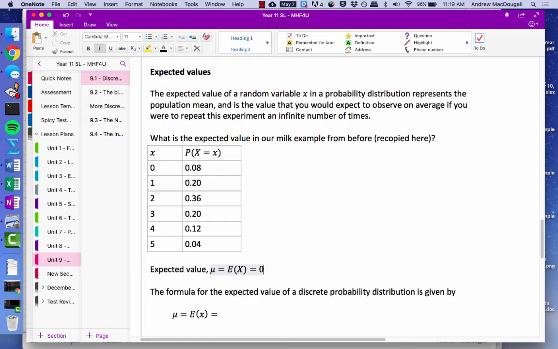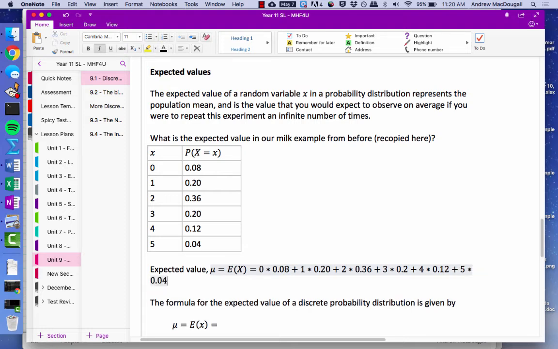Here's how we do it. We go 0 times 0.08 plus 1 times 0.20 plus 2 times 0.36 plus 3 times 0.2 plus 4 times 0.12 plus 5 times 0.04.